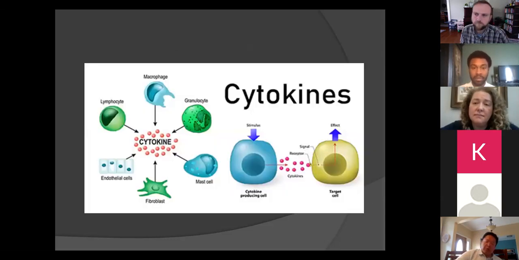You can see here how the cytokine-producing cell releases cytokines to the target cell, binding to the outside of the cell and telling it to regulate that immune response.